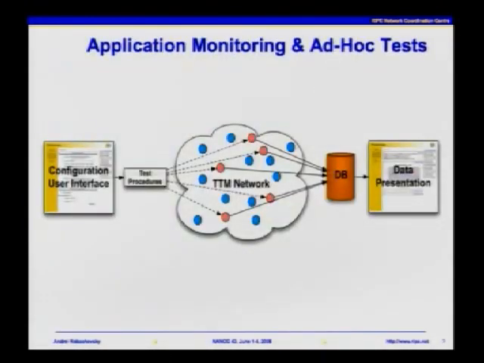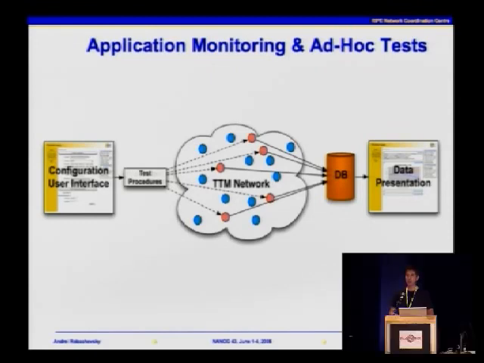But what I told you so far was about the traditional TTM network. What we are doing right now, we're introducing so-called ad hoc tests and ad hoc experiments, which actually transfers TTM into a general purpose measurement platform. It basically allows you to measure something beyond just connectivity, just packet loss. It allows you to measure performance of certain applications.